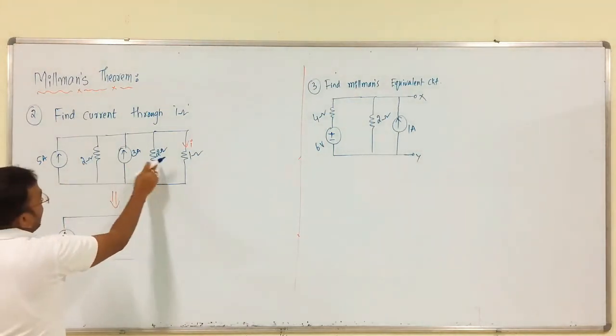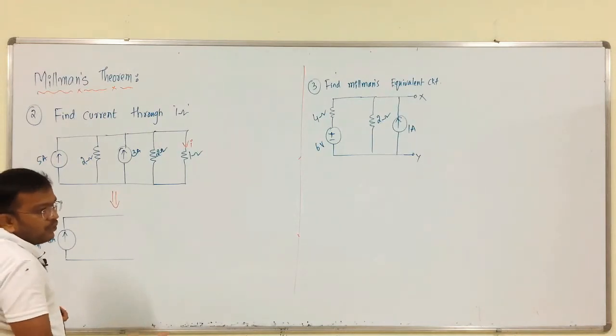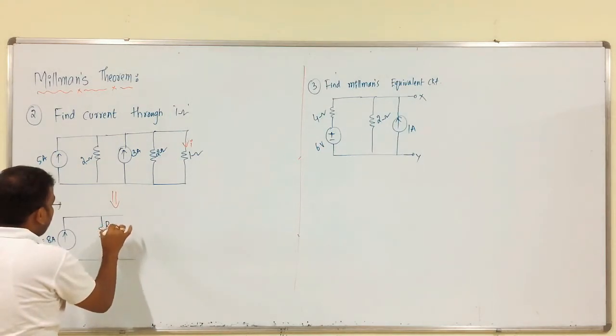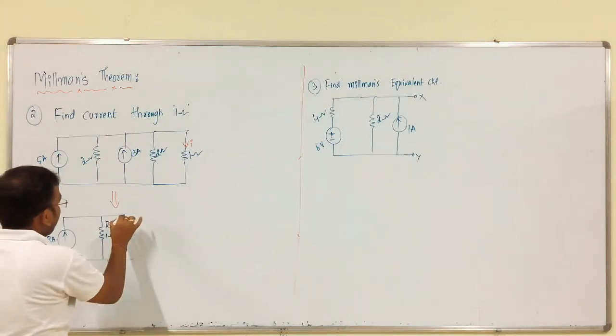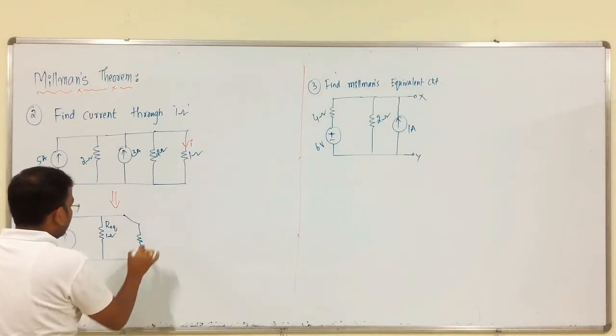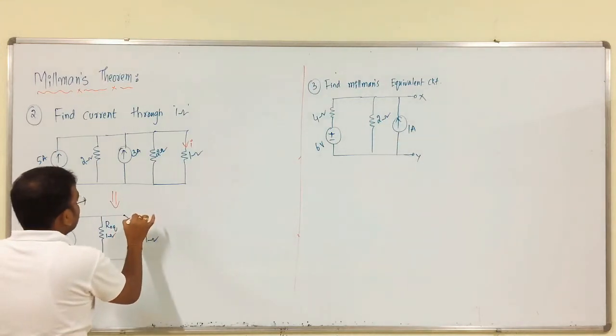See, this 2 and 2 are connected in parallel. Therefore, R equivalent is nothing but what? 2 into 2 by 2 plus 2, that is 1 ohm. This is R equivalent, right. Again we have the load, that is it. This is the 1 ohm branch. Completed. The answer is completed.